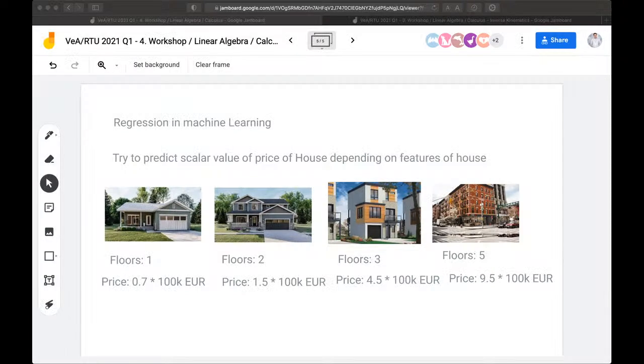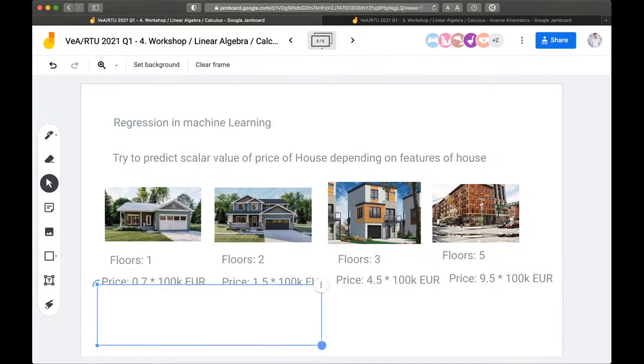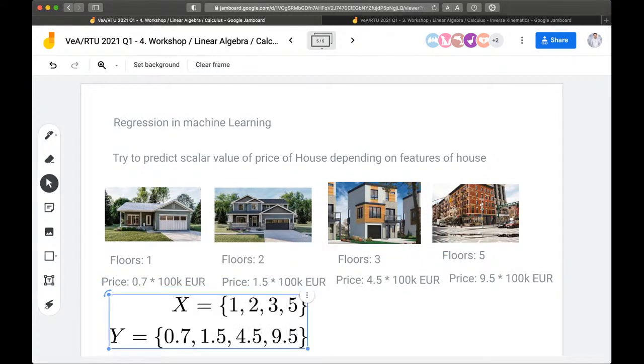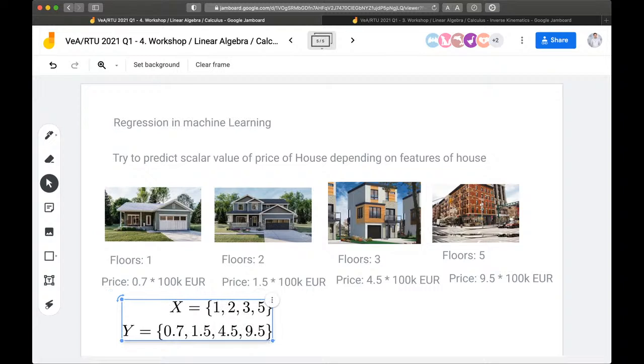Just a second, I will drop in some lines of LaTeX code so that it looks nicer and the problem is formalized. In deep learning and machine learning in general, you usually use notation where x is your input features and y is your target output. So in this case, this is how it looks.